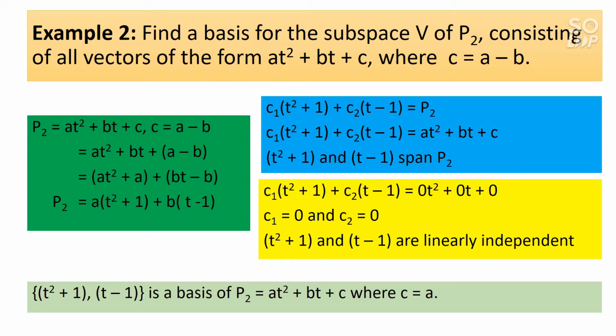Given c1 multiplied by t squared plus 1 plus c2 multiplied by t minus 1 is equal to 0t squared plus 0t plus 0, we can say that c1 is equal to 0 and c2 is equal to 0. Therefore, t squared plus 1 and t minus 1 are linearly independent. So t squared plus 1 and t minus 1 form the basis of the subspace of at squared plus bt plus c, where c is equal to a minus b.